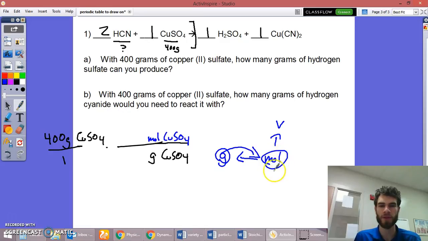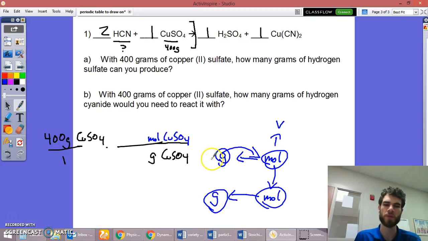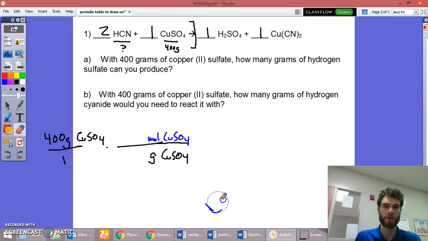And then from moles here, you can go to moles of a different unit, and then from moles of that unit to grams of that unit, and you will have gotten all the way around to where you want to go. There's no bridge that'll take you directly from grams to grams of a different unit. You have to go to moles, then moles of that unit, and then moles to grams. So that's tying this into the mole map of where you can go from what units.